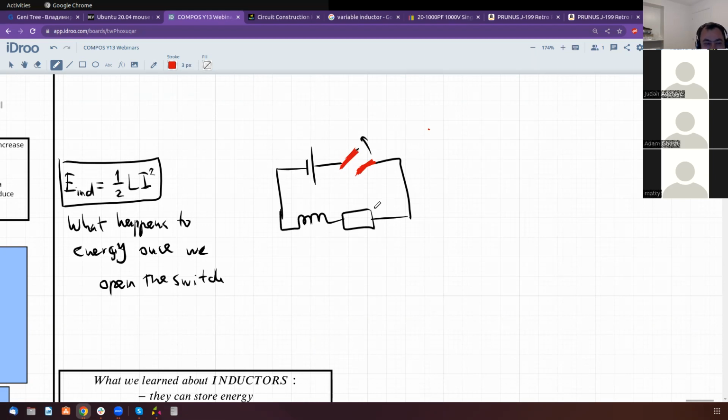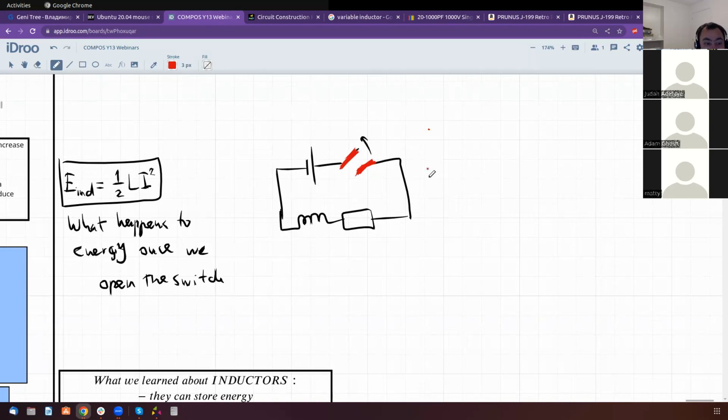Yes. So when you open the switch, what happens is you have an oscillating circuit. And it will oscillate and dissipate the energy through the resistor. It's just very low capacitance, therefore it will be very high frequency and very high energy dissipation.